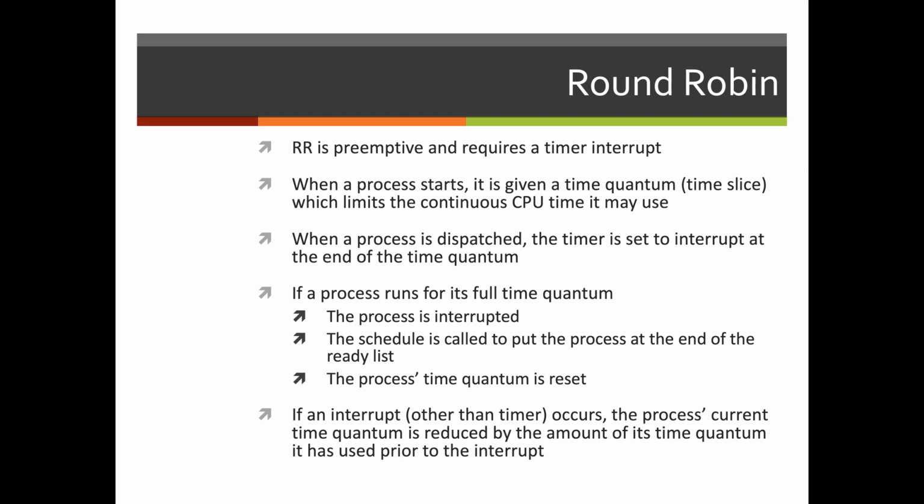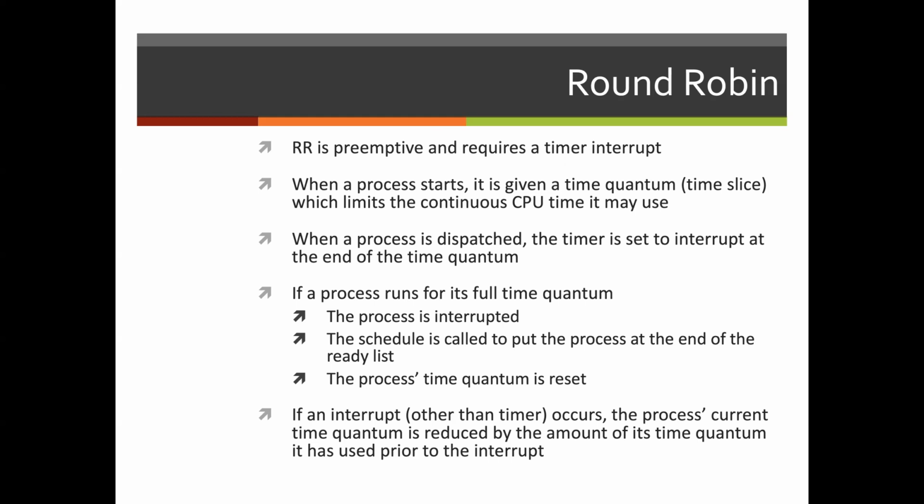This means that if we have an order of P1, P2, and P3, and each is given a time slice of 5, then P1 is placed. Once 5 is completed for P1, it will be placed at the end of the process queue for execution.